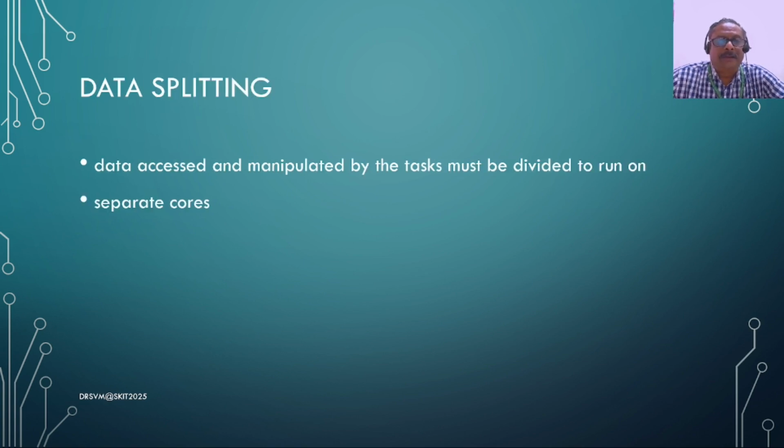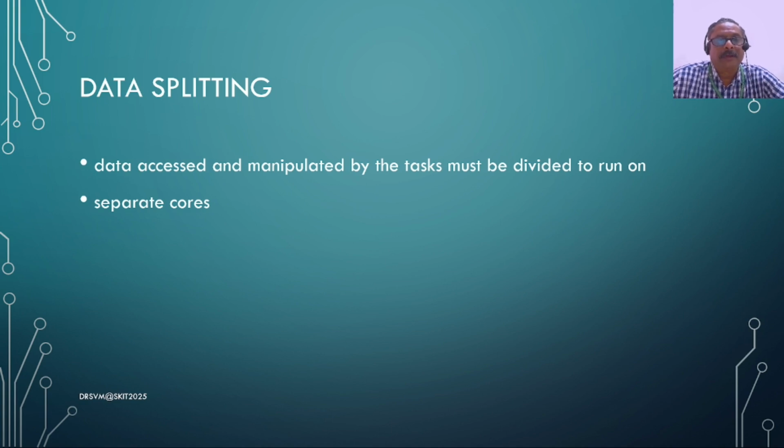Then the data accessed and manipulated by the tasks must be divided to run on the separate cores. So we should make sure that the data is properly split, so that the tasks needing to access any data are kept separate, so that there won't be any issues, such as one subtask using data which is accessed by another subtask, which creates havoc and may create problems.